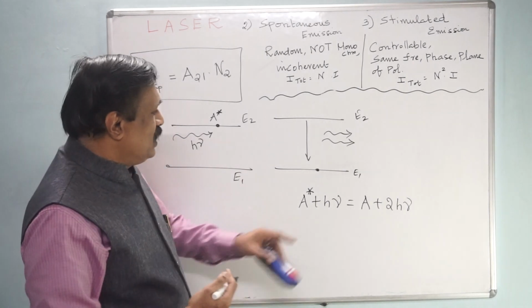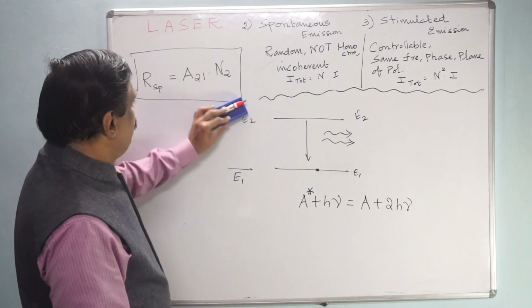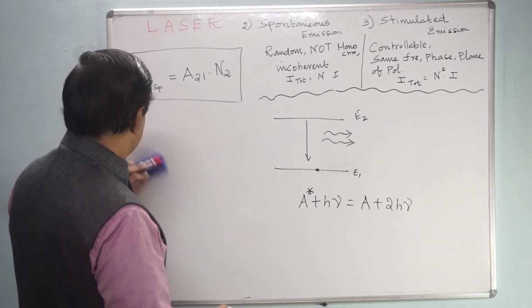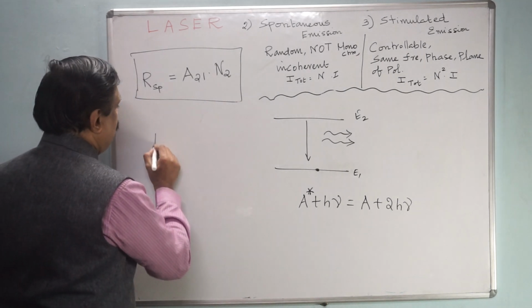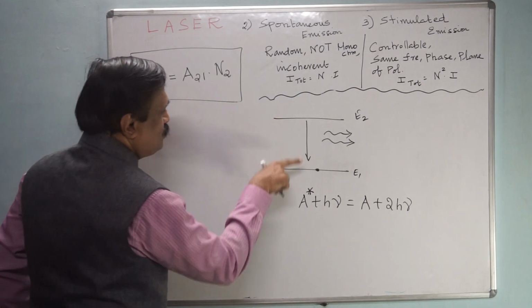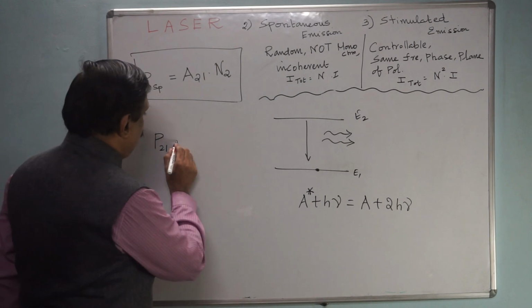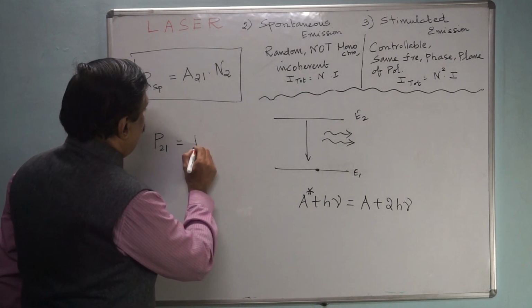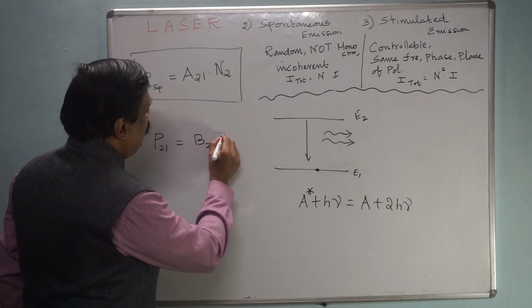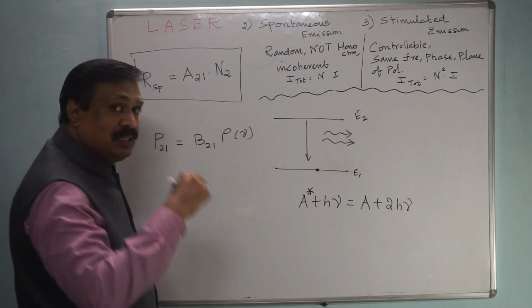Okay, now let us write the equation for this. Here the same thing we have to write. It comes from second state to first state. Therefore P21 is equal to B21 rho, just like absorption.